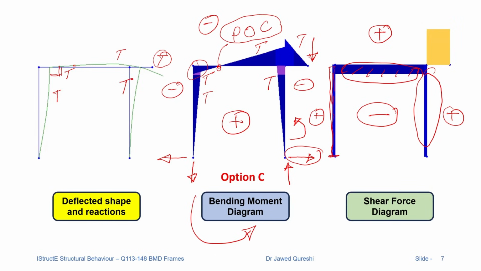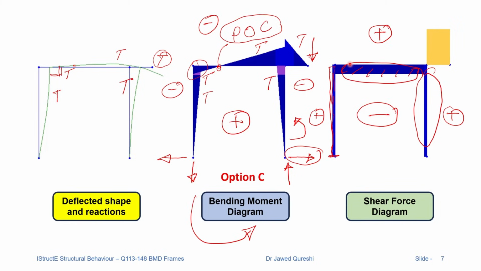And these two vertical forces, one applied over here and another over here, create a clockwise shear, and clockwise shear is drawn on the positive side. So that's why we have positive shear force at the top and quite significant shear force over here due to the applied point load.